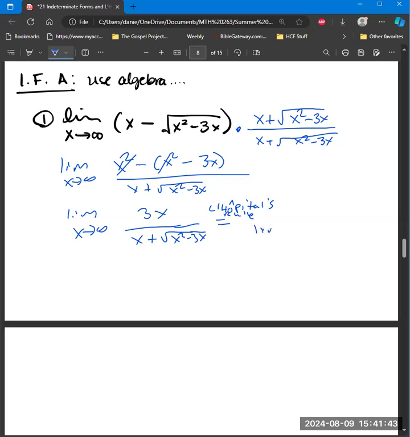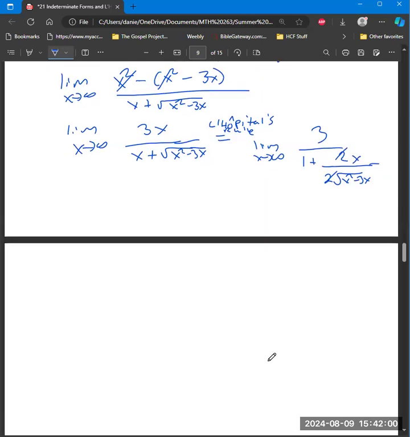It's going to give me limit as x approaches infinity of 3 over 1 plus, and then I've got a 2 root x squared minus 3x there, and I've got a 2x up here. I'm just going to try direct substitution now, 3 over 1 plus, and then this is going to be infinity over infinity still. So let's work on that piece separately.